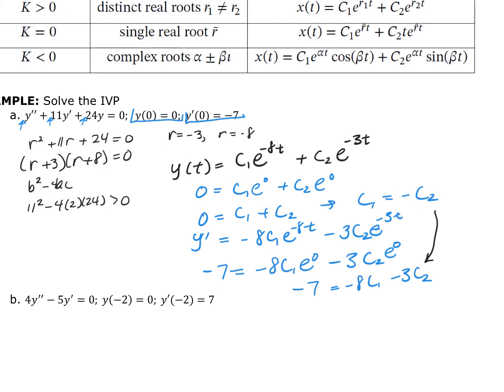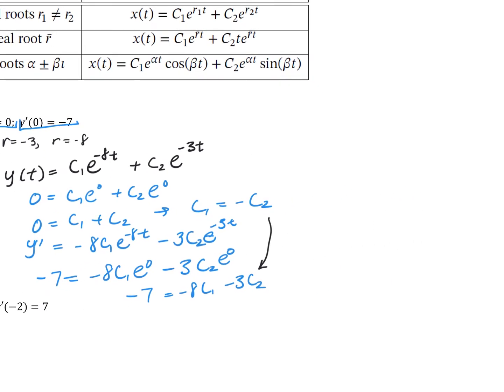But I have this information I can plug in there as a substitution. So what I end up with is -7 equals -8 multiplied by, if I say c sub 1 is equal to -c sub 2, so this is going to be -c sub 2 as my replacement, minus 3 c sub 2.